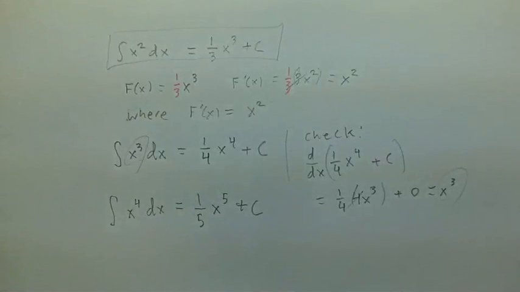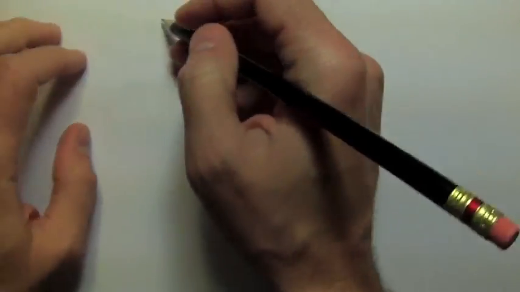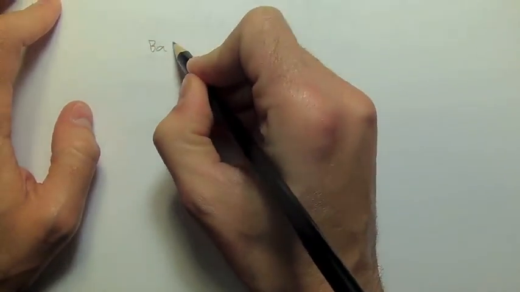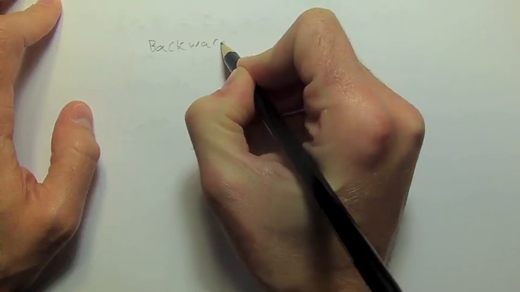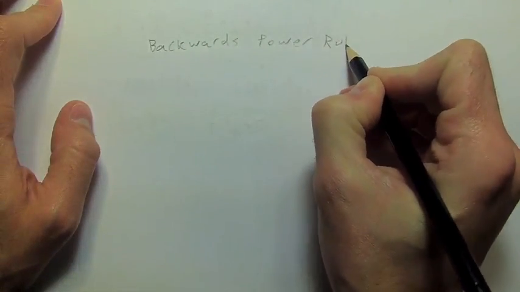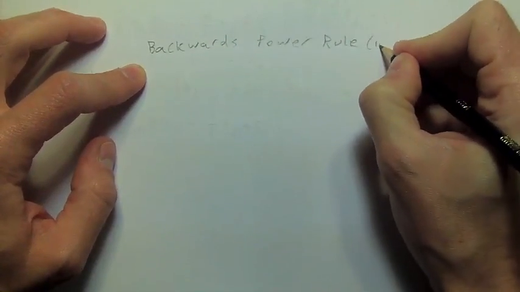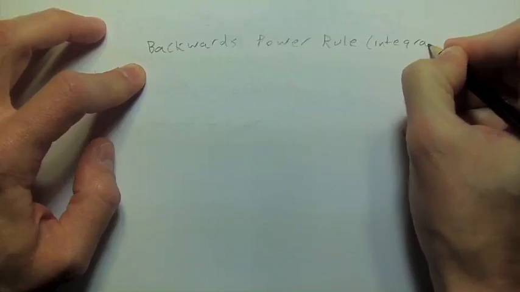I'll let you take the derivative of that to make sure that it's correct. But what we essentially have is this pattern here, and I like to call this the backwards power rule. You'll hear me just call it the power rule because it is the power rule for integrals. So backwards power rule for integrals or antiderivatives.